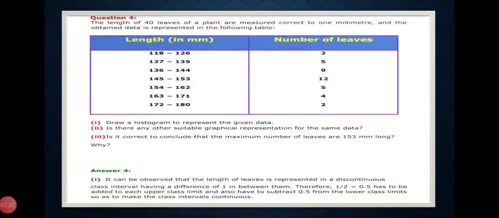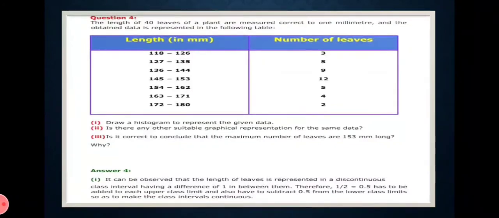It can be observed that the length of leaves is represented in a discontinuous class interval having a difference of 1 between them. Therefore, half, that is 0.5, has to be added to each upper class limit and 0.5 has to be subtracted from the lower class limits, so as to make the class intervals continuous.